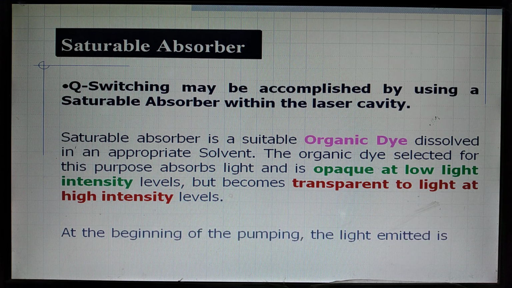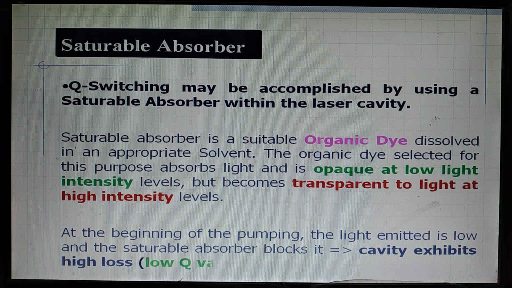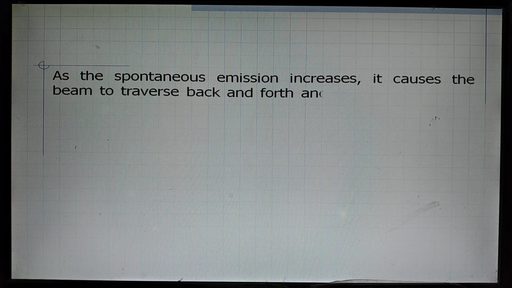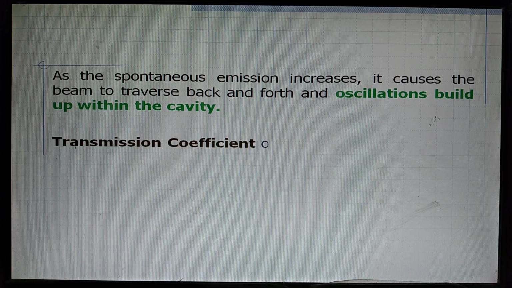At the beginning of the pumping, the light emitted is low and the saturable absorber blocks it. That means the cavity exhibits high loss, which implies a low Q value. As the spontaneous emission increases, it causes the beam to traverse back and forth and oscillation builds up within the cavity.